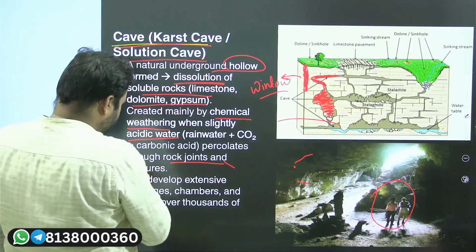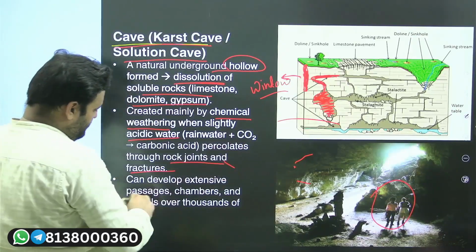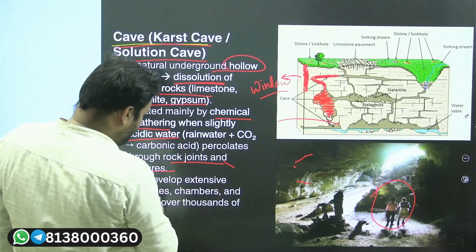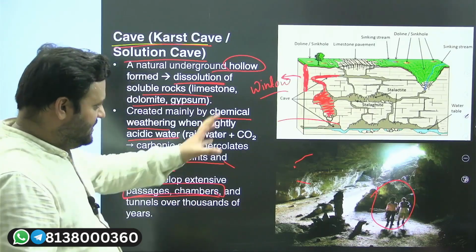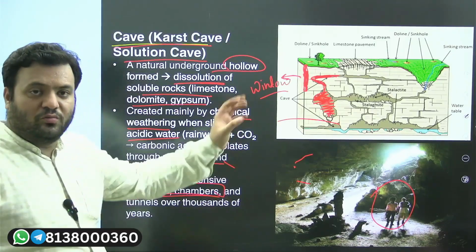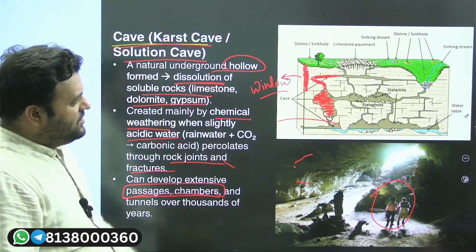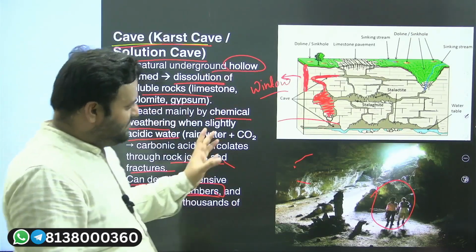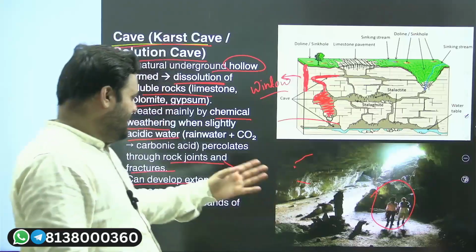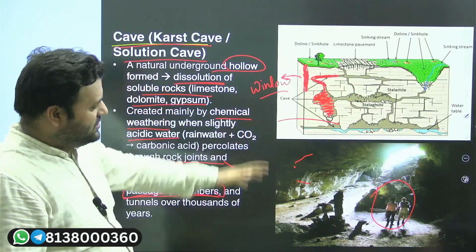Now, this may result in a widened passage in the limestone topographical features, in dolomite or gypsum rock deposits, if they are there. And yes, there might be tunnels as well, and they could remain for thousands of years.